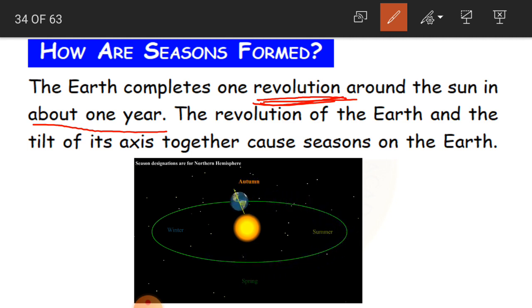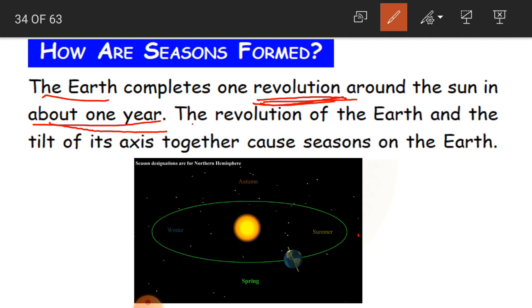So that is why we have 4 main seasons in a year. Okay, children. So the earth completes one revolution around the sun in about 1 year. See, as it is revolving around the sun, children, because of this, we will be having seasons in a year, different types of seasons.